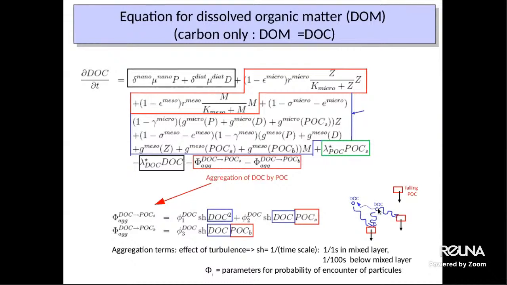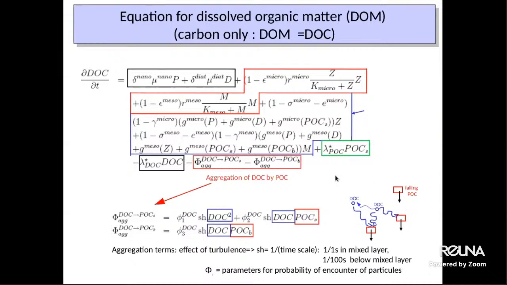So when DOC meets another DOC, they get bigger and they can become small POC. And also when a DOC here meets a falling POC, then it's a loss term, it gets a bigger POC. Okay, so these fluxes just say that these molecules bump into falling bigger particles and they get aggregated.